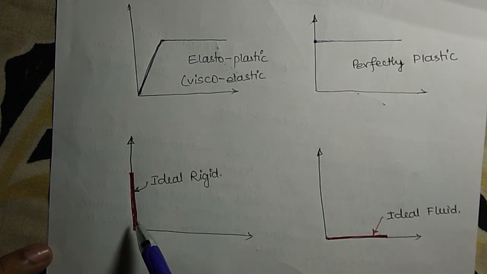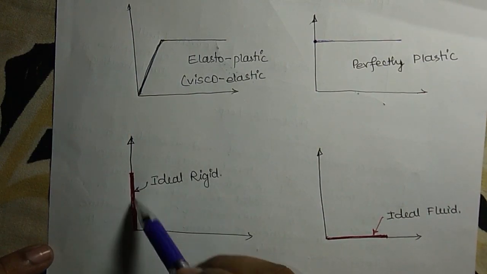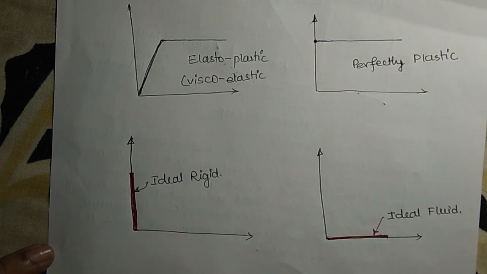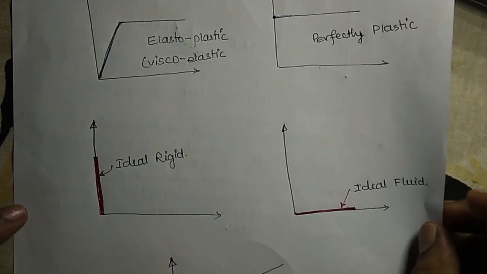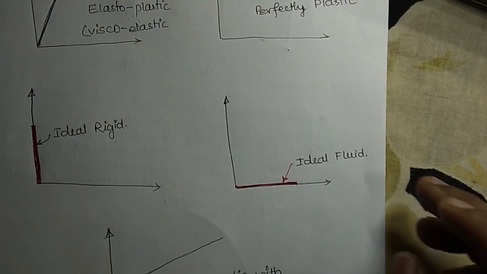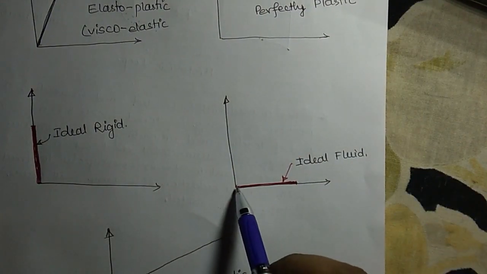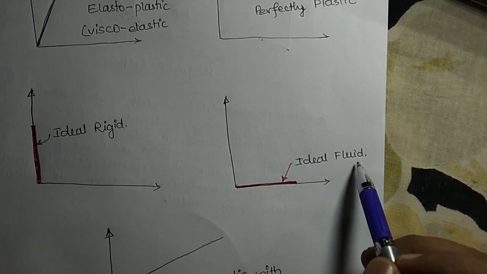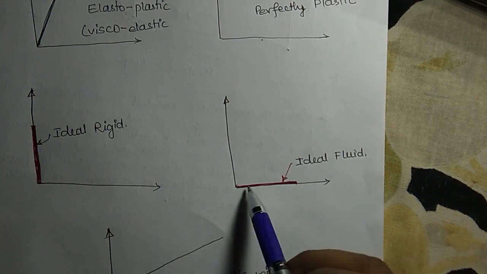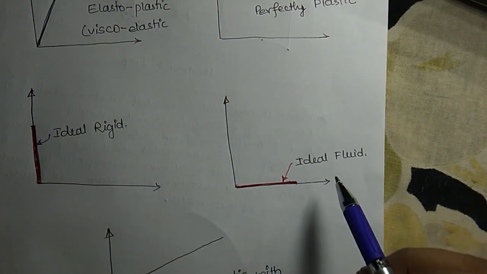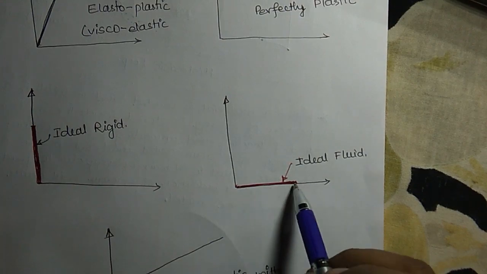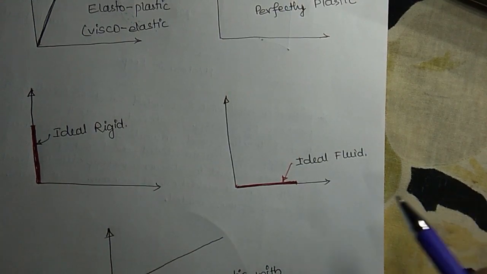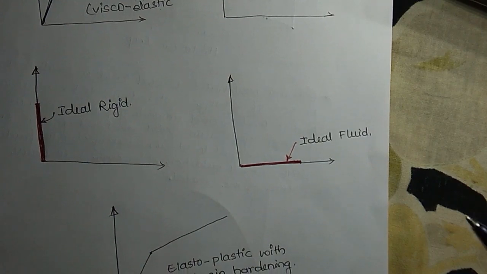That type of material is currently not available; it is only imaginary. Similarly, we have the ideal fluid. Again, this is also an ideal case, as the name indicates, because this type of material is not available.